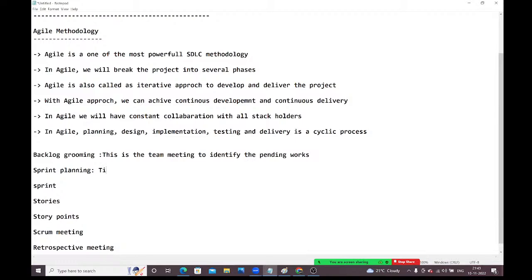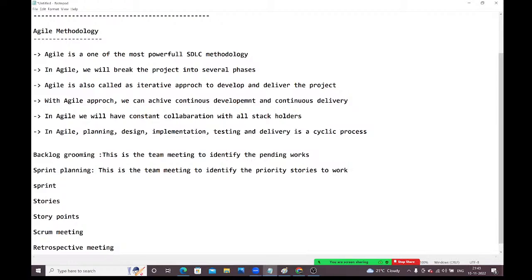So this is the team meeting to identify the priority stories to work on.